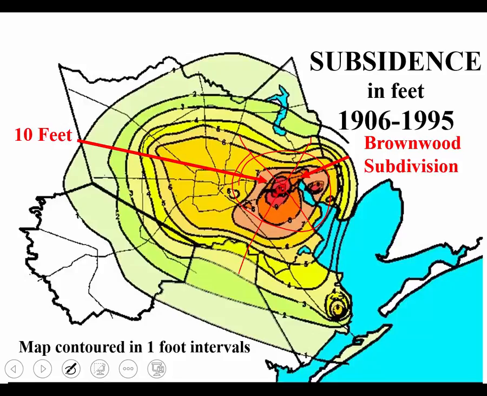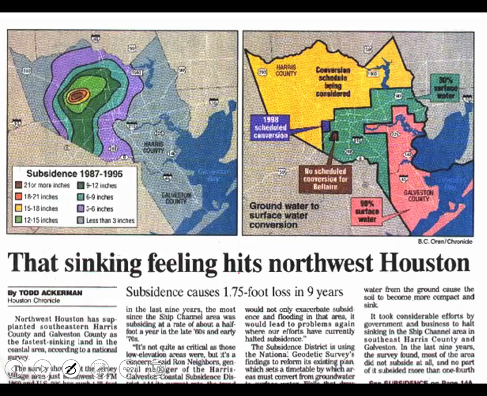Now, they didn't do it all at once, but basically they said, we're going to shift from groundwater to surface water. And they started in the area that was worse, and then gradually they've been extending out to the north and west, going from groundwater to surface water. Okay. The problem is now we have a new subsidence bowl. It's out near Katy.